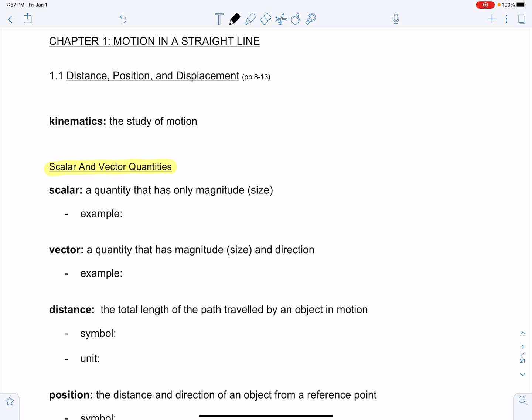Examples of scalar quantities are time, example, 5 seconds, mass, example, 5 kilograms, and speed, example, 5 kilometers per hour. Each of these quantities has a magnitude or a size and a unit.